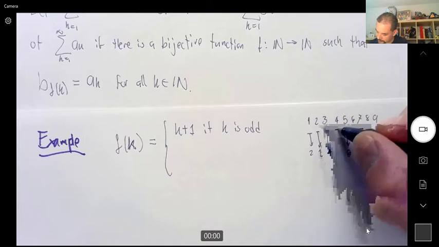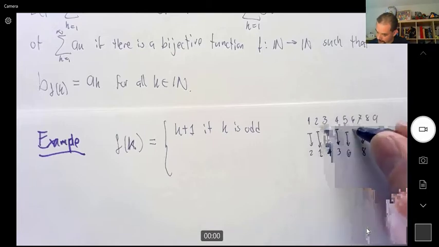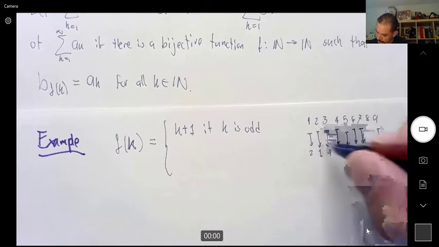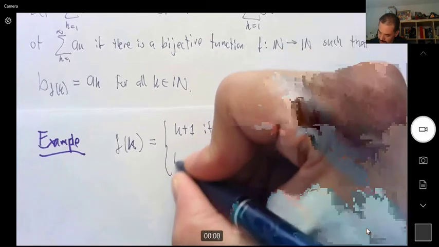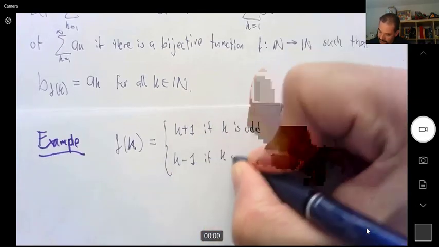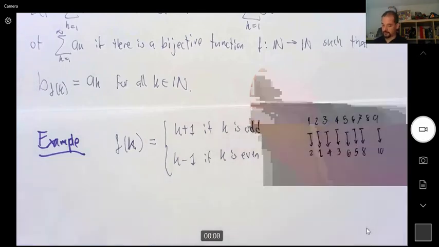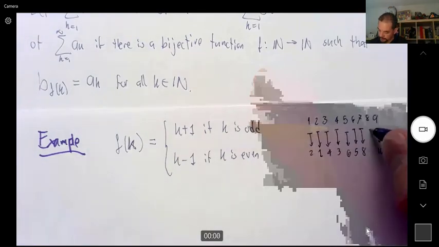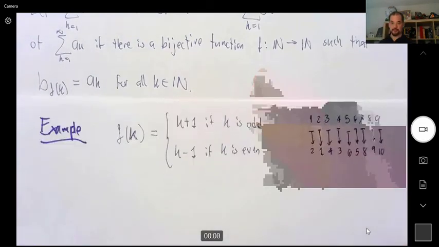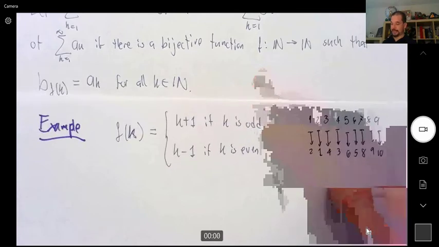So they have to go to the other ones, and I have to not miss any. So I'm going to send them to 1 less. So to k minus 1 if k is even. That's my function, right? And I'm illustrating it here on the side, what's happening.